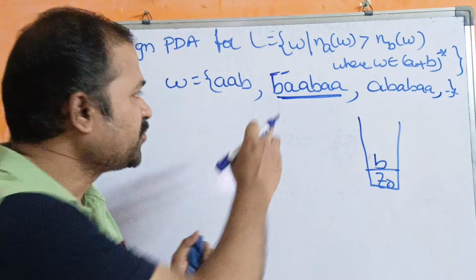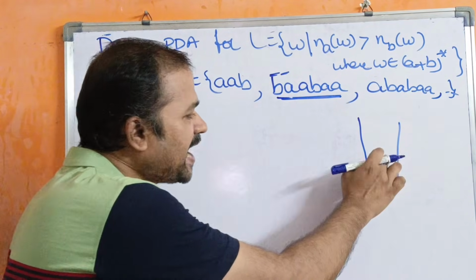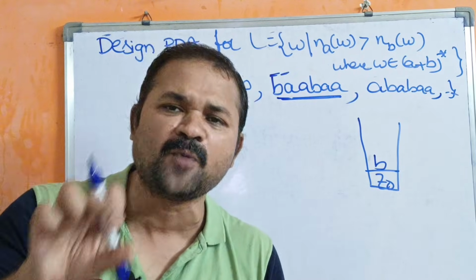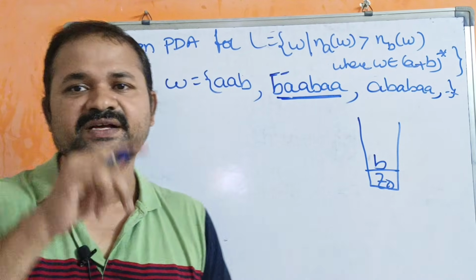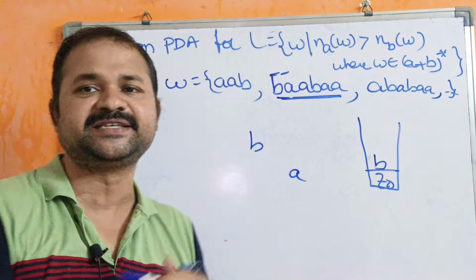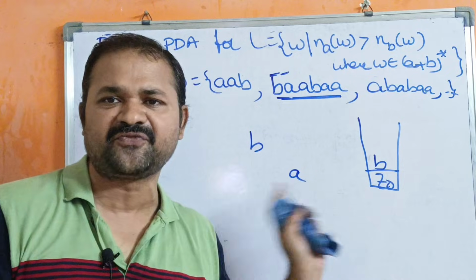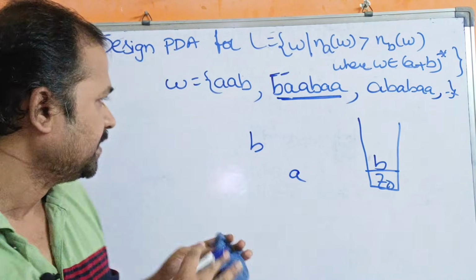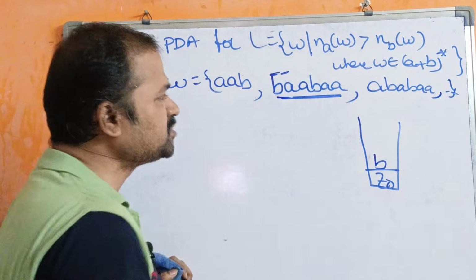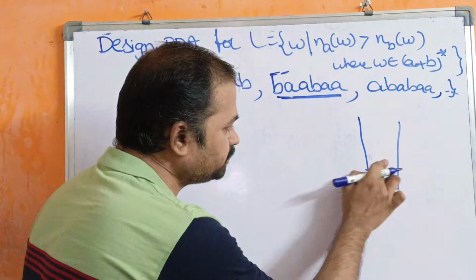So if the input symbol is A and the stack's topmost symbol is B, we perform the pop operation. Likewise, if the input symbol is B and the stack's topmost symbol is A, we pop. Next input symbol is A, the stack's topmost symbol is B, so pop the stack.